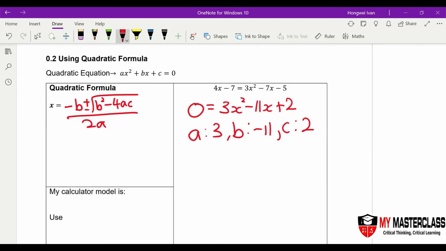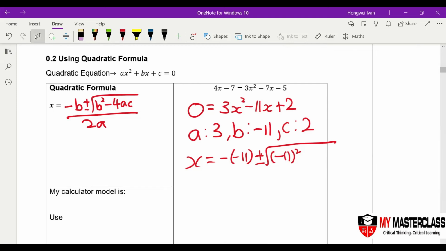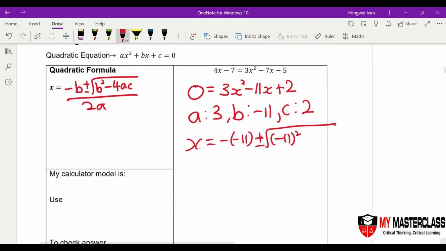The standard of presenting is x equals negative 11, if you put 11 there it's also fine, plus minus square root of 11 squared, since negative 11 squared and 11 squared are the same, minus 4, a is 3, c is 2, over 2 bracket 3.